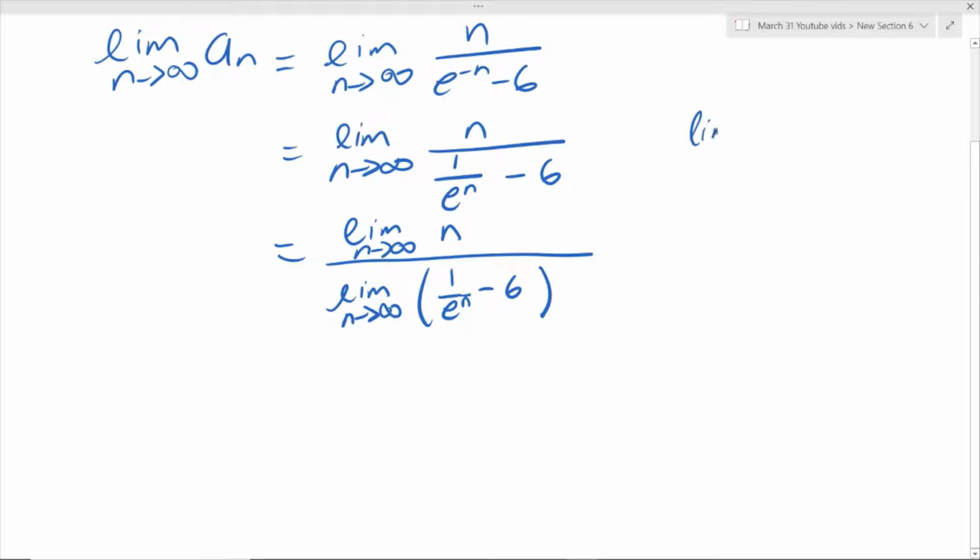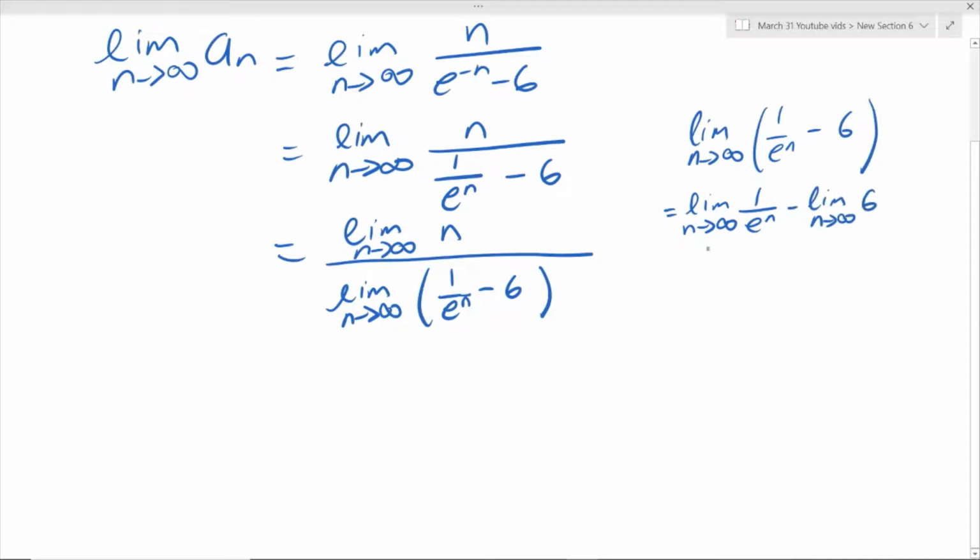It might help. We're going to separate these two, so we can say that if we subtract, we can separate it. Okay, these are part of the limit laws.